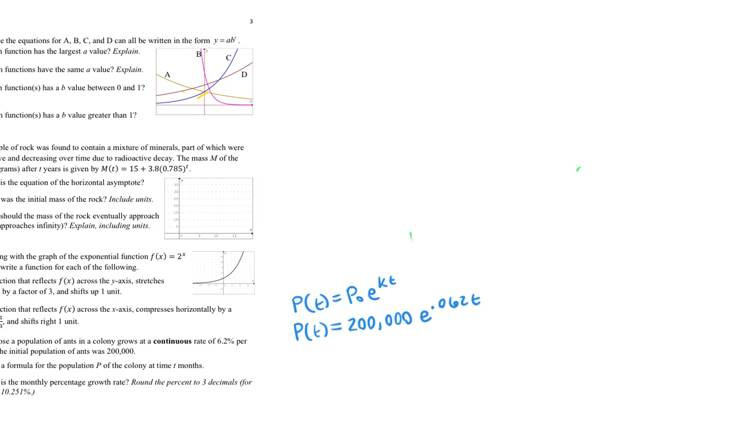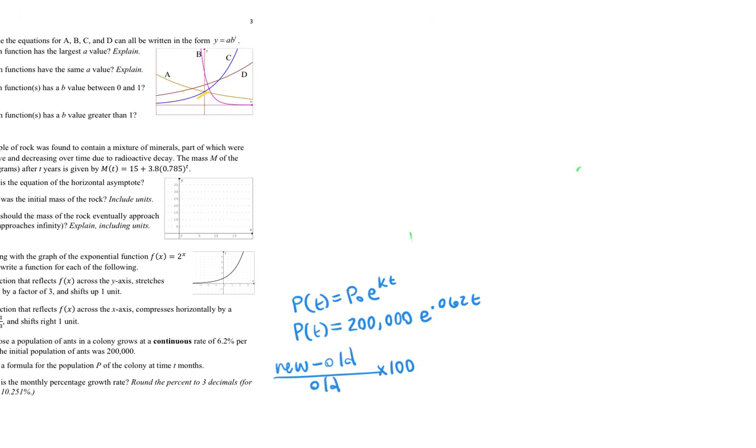Okay, and then what is the monthly percentage growth rate? Now we need to find the monthly percentage growth rate, so we can use the formula new minus old over old times 100 to find this rate. And so what are this new and old values? Well, I'll take the old value to be the initial value of my population, and maybe my new value will just be 1 month after, so when t equals 1.